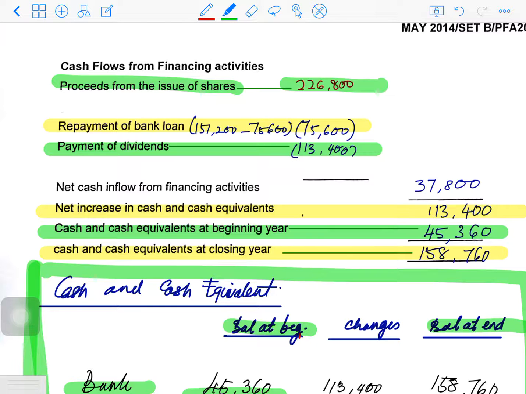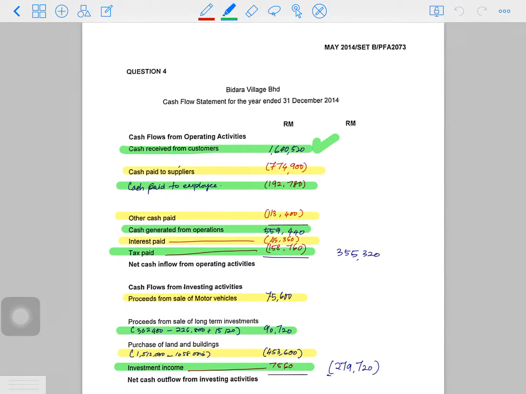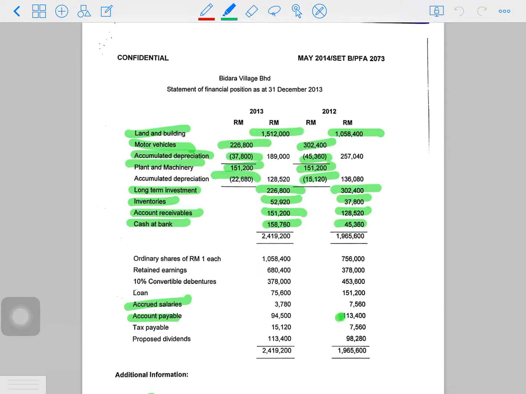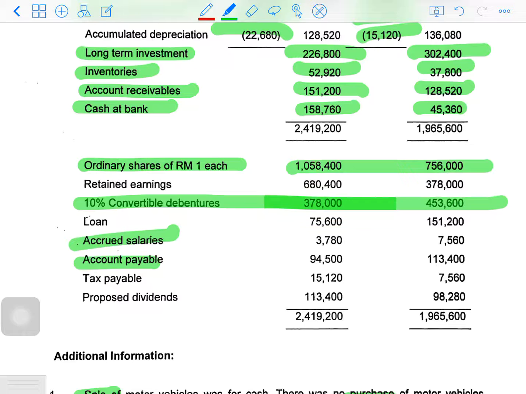Jadi kita kena tengok share premium account dalam financial position kita. Dalam financial position ni ada share premium account tak? Kita kena tengok. Okay, kita check, tak ada, kan? Maknanya tak ada share premium. Dia issue at par lah maknanya, kan? Dia issue at par value. Okay, so ordinary share has been settled. 10% debenture has been settled.